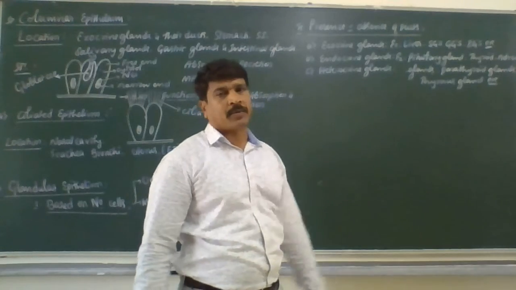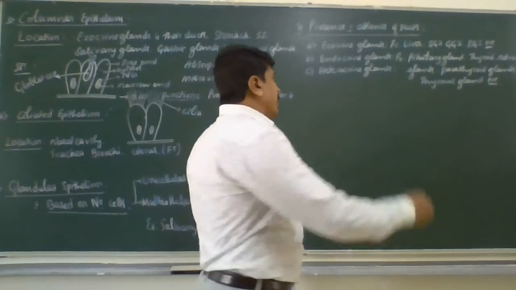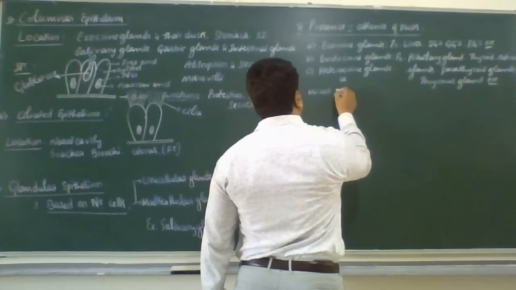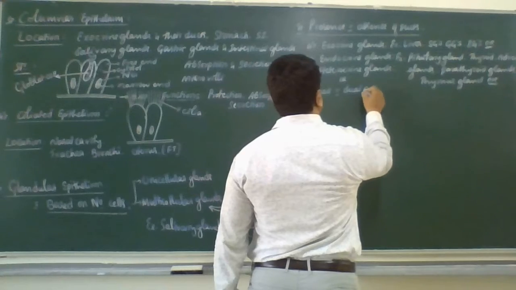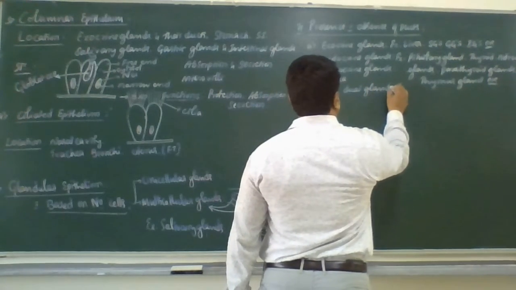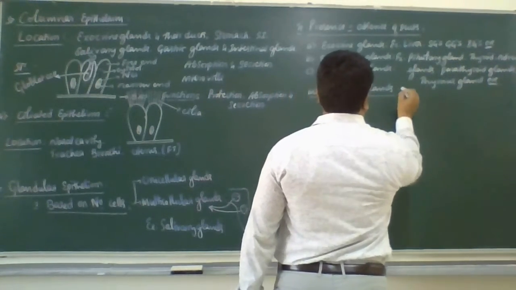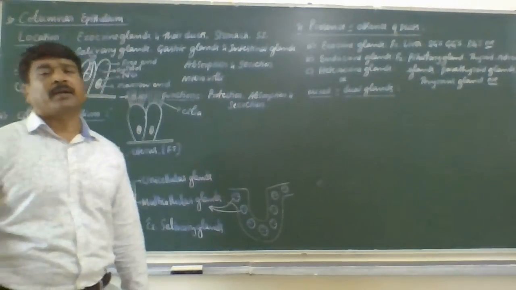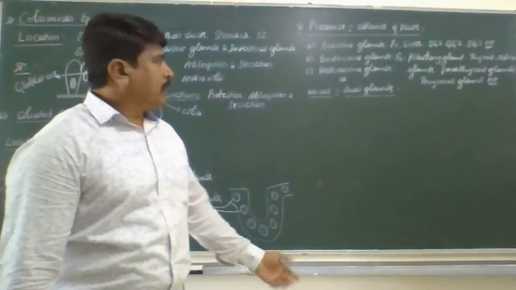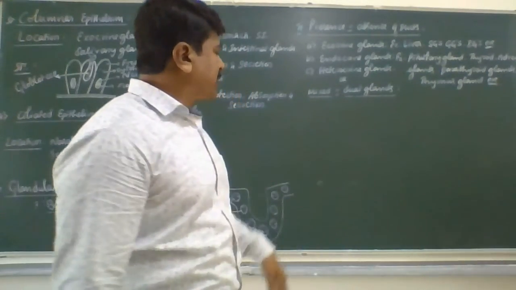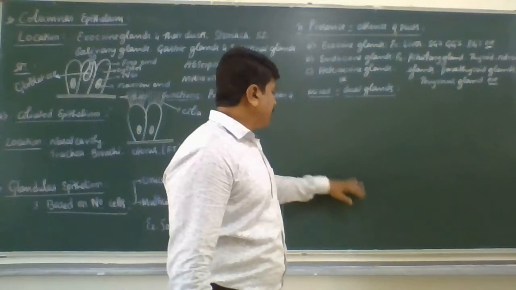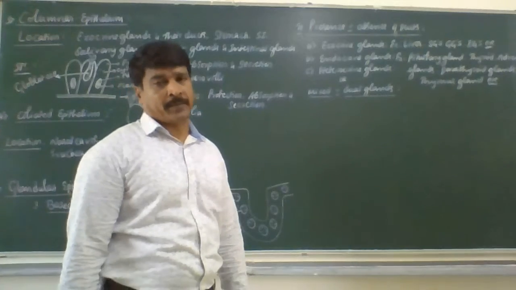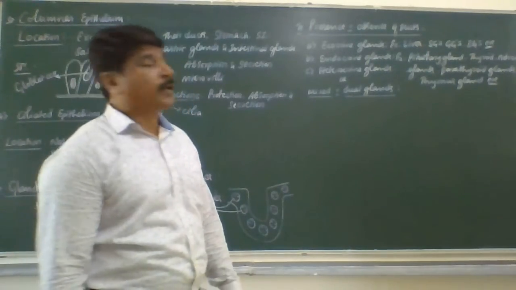Okay. Now let us come to the heterocrine glands. Heterocrine glands are also called mixed glands, also called dual glands, because these glands have both an exocrine part and an endocrine part.